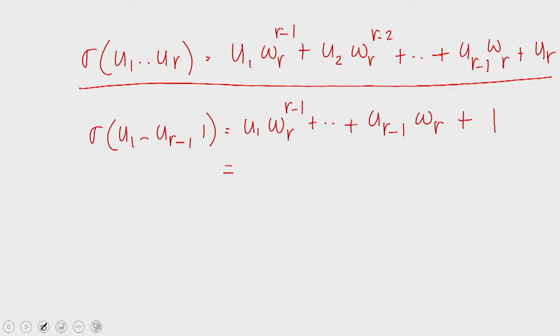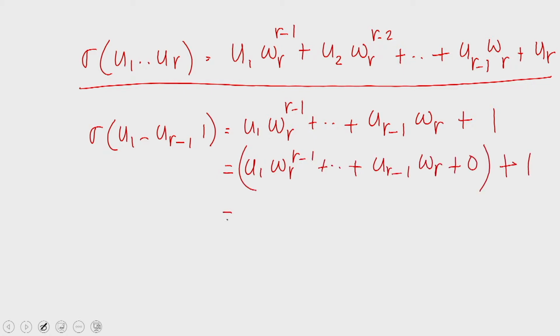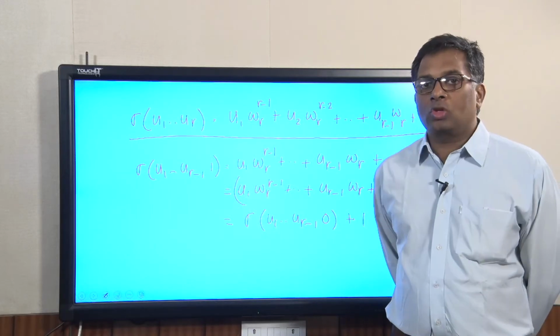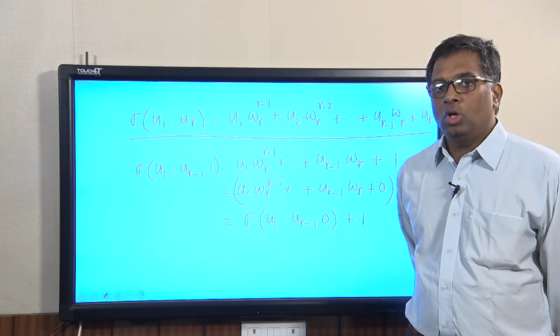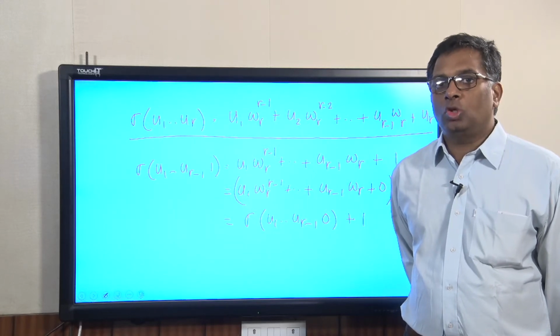But this can be written as plus 1. But the quantity within the brackets happens to be sigma of u1 through ur minus 1 0 plus 1. So what we find is that the complex number to which u1 through ur minus 1 1 maps to is 1 more than the complex number to which u1 through ur minus 1 0 maps.